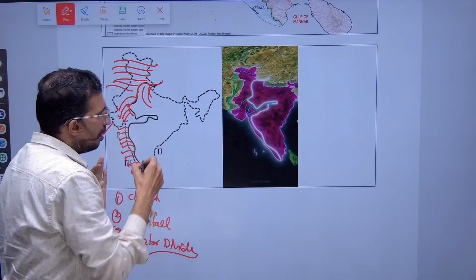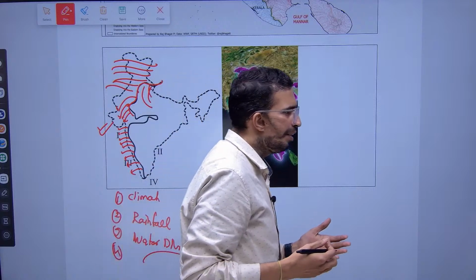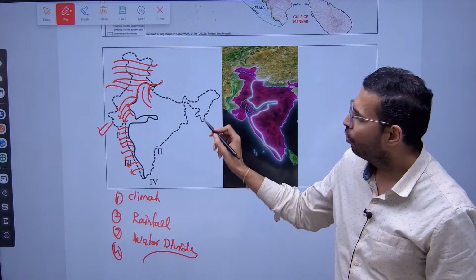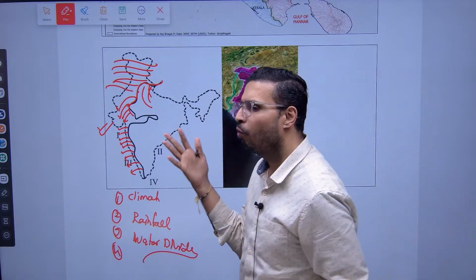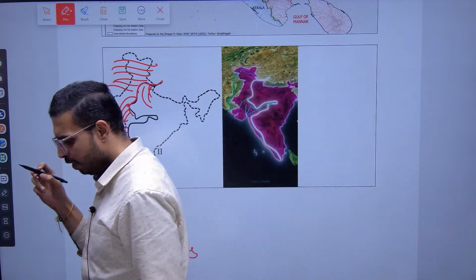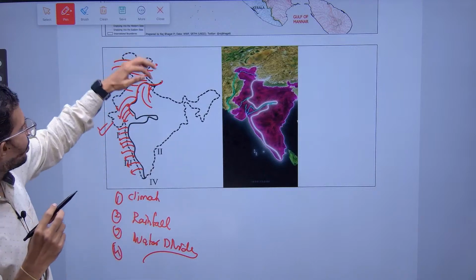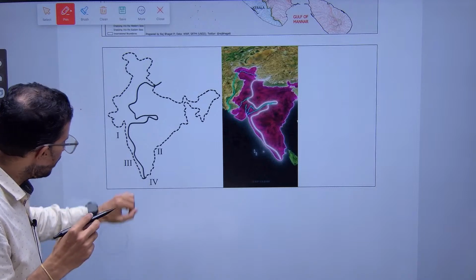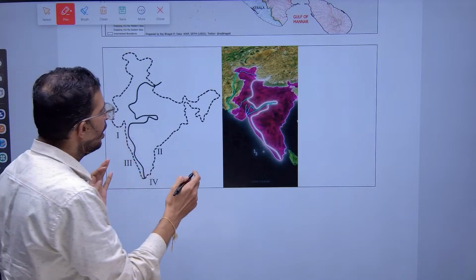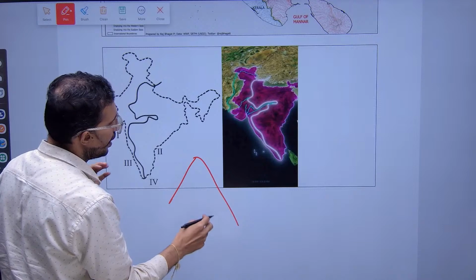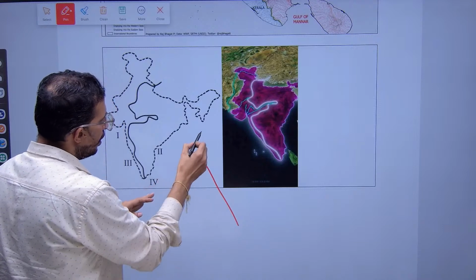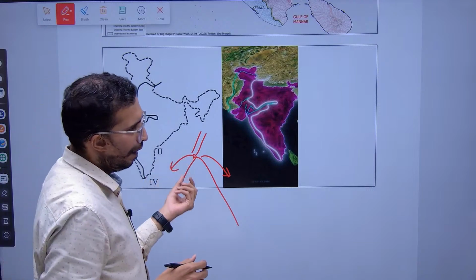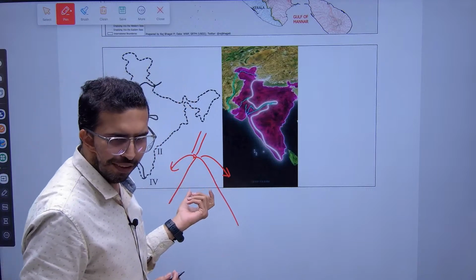So this water divide is that elevated area of land which divides two river basins or two major river basins. Is it necessary that the water divide has elevated land? We have seen that this is the elevated land or raised platform whereby the water divides into two segments as per the elevation.